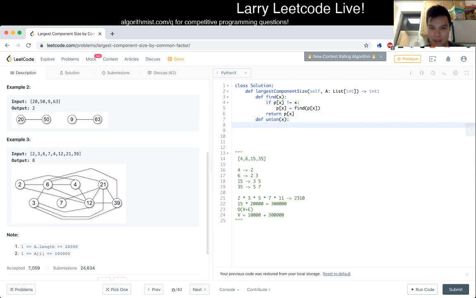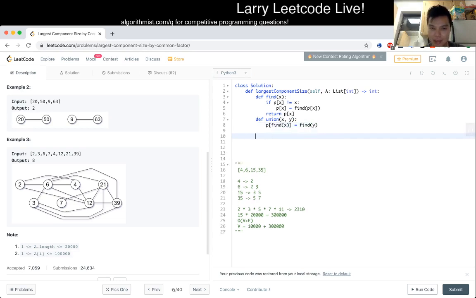So x is equal to find of x, two numbers, right, and y is find of y. I guess they're the same, really. Well, they should be the same after path compression. So these are the union find operators.